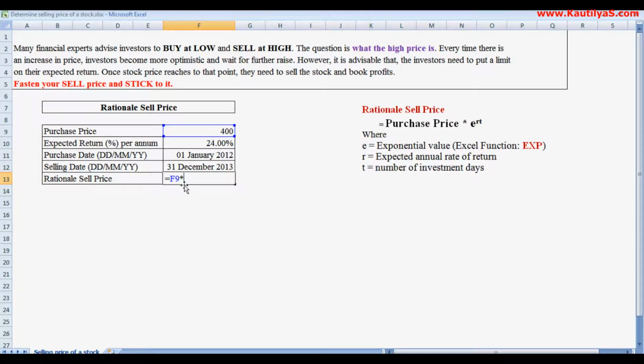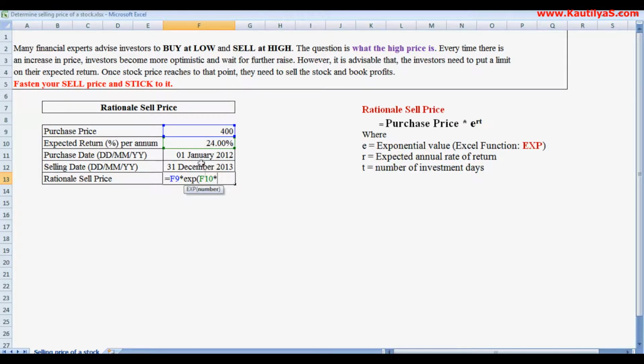So F equals purchase price into, for the exponential value, use the Excel built-in function EXP. R is your expected return, multiplied by T, which is the duration.